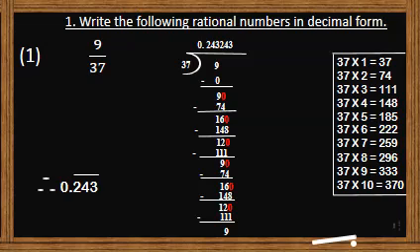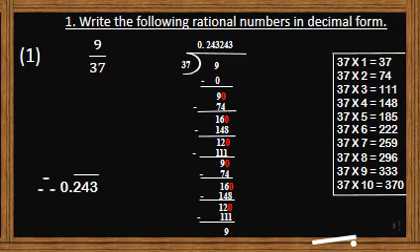Now we will see whether 90 comes in the table of 37 or not. 37 ones are 37, 37 twos are 74, 37 threes are 111. So 90 doesn't come in the table of 37, and 37 threes is greater than 90.